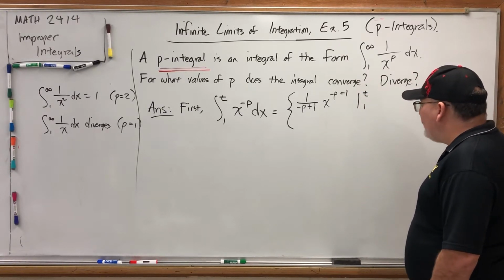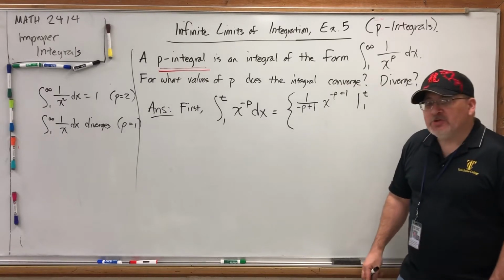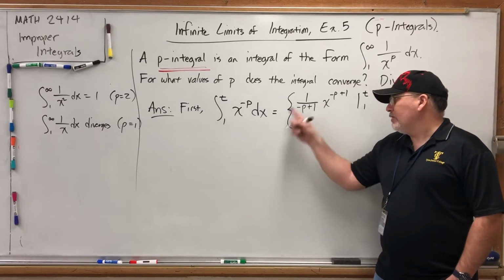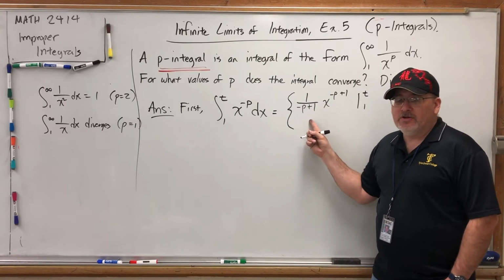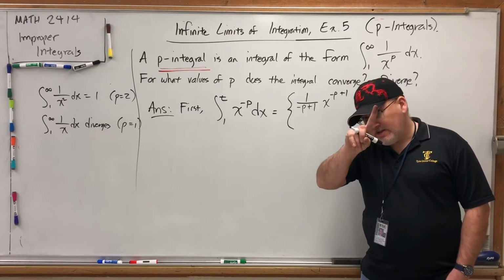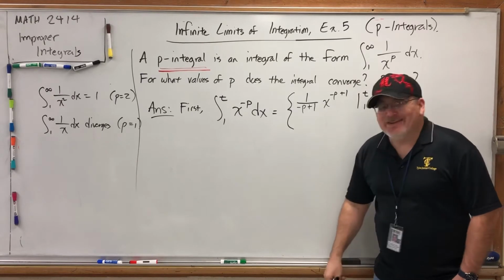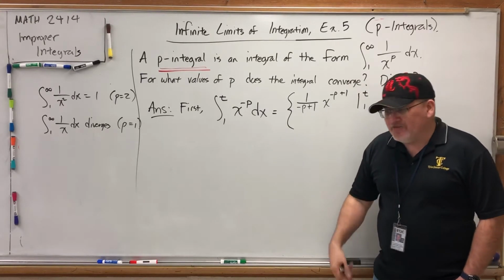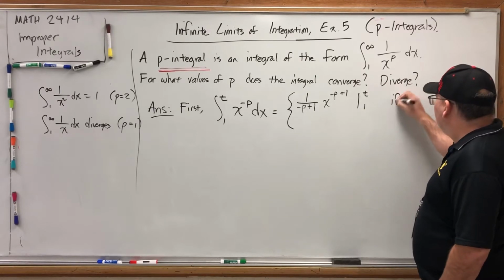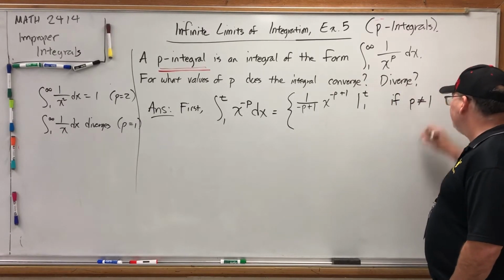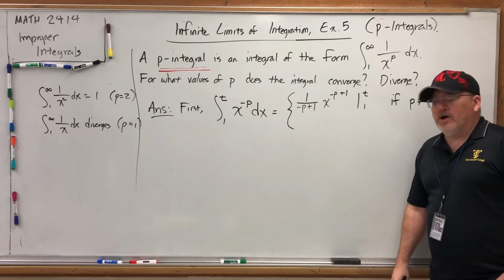But there's one power that would create a problem here. What power for p would make this denominator 0? If p were 1, then negative p would be negative 1, and negative 1 plus 1 is 0, and that's bad because it's in a denominator. So this is what would happen if p was not 1. Because if p were 1, it would be undefined.